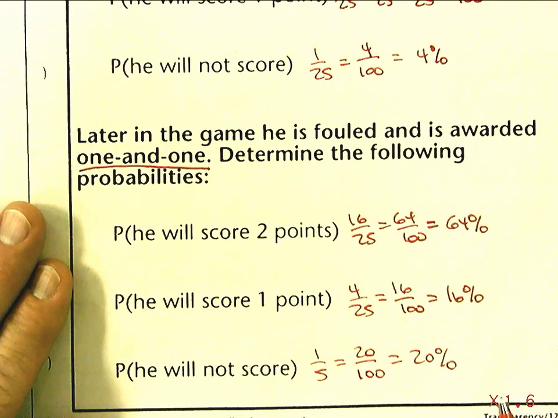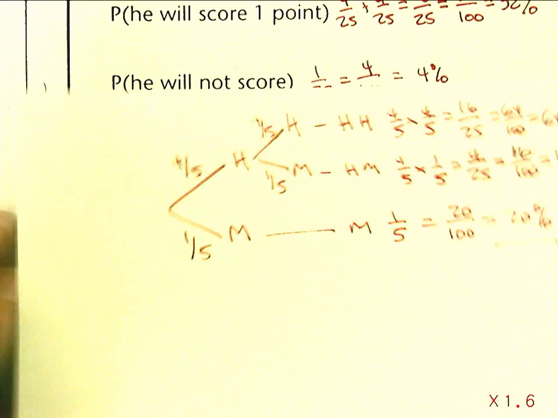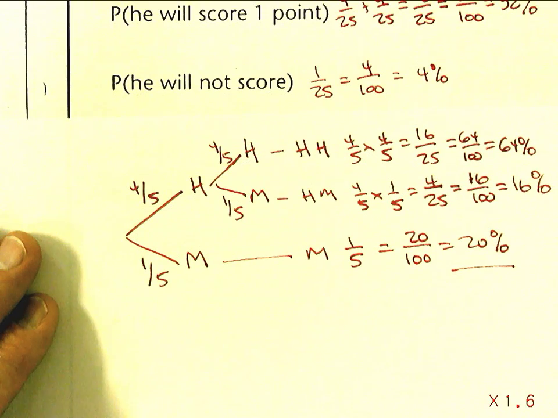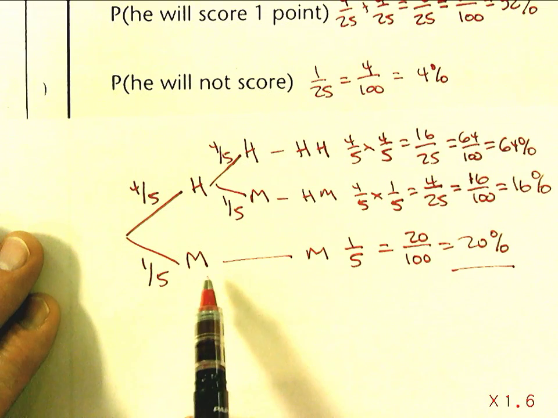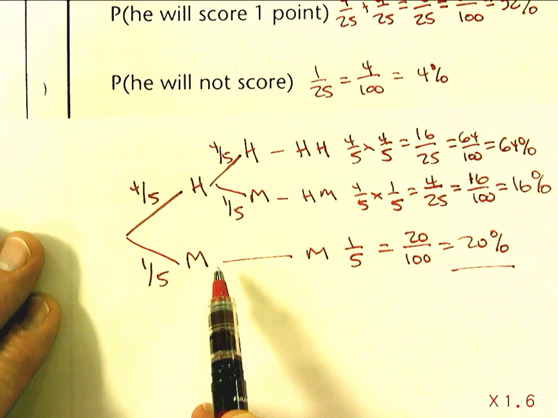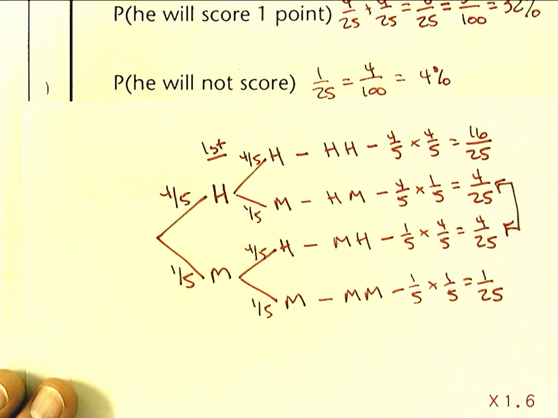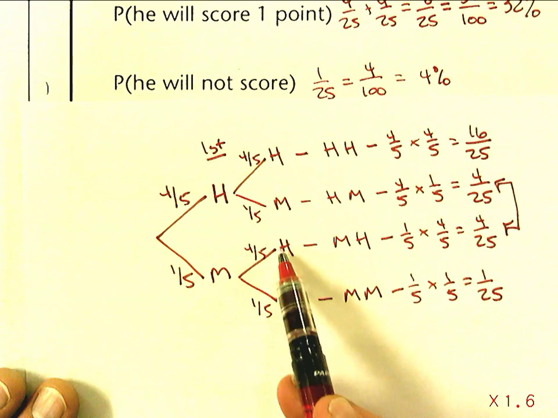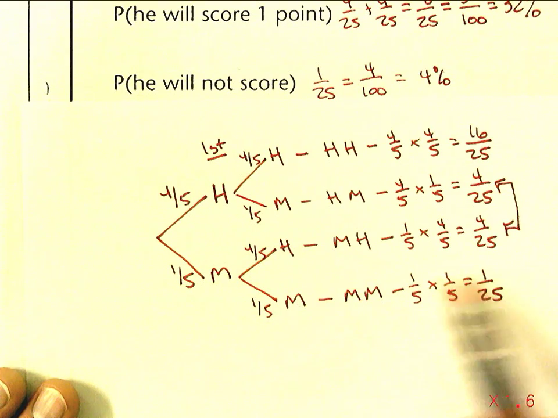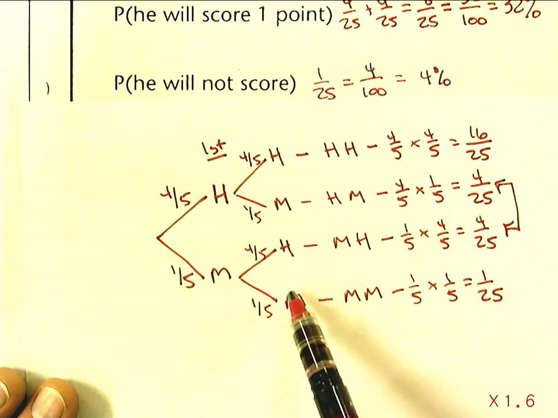But again, the difference is the diagram changes because this branch ends once he misses the shot, whereas in our other example he gets to take that second shot down here and either hit or miss. So you have more opportunities with a two-shot foul shot as opposed to a 1-in-1.